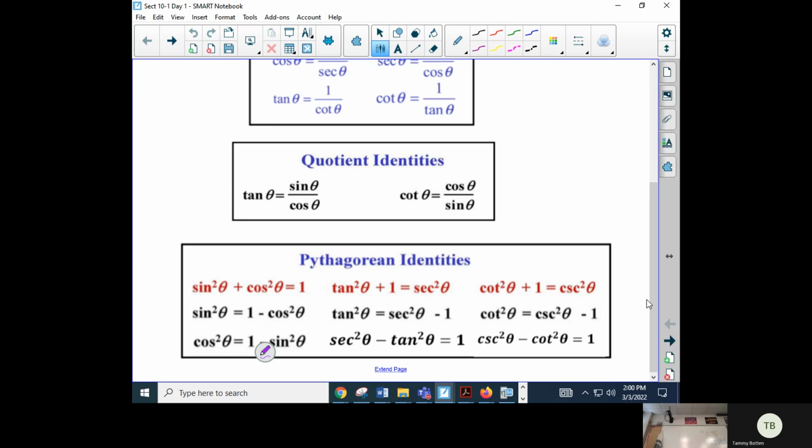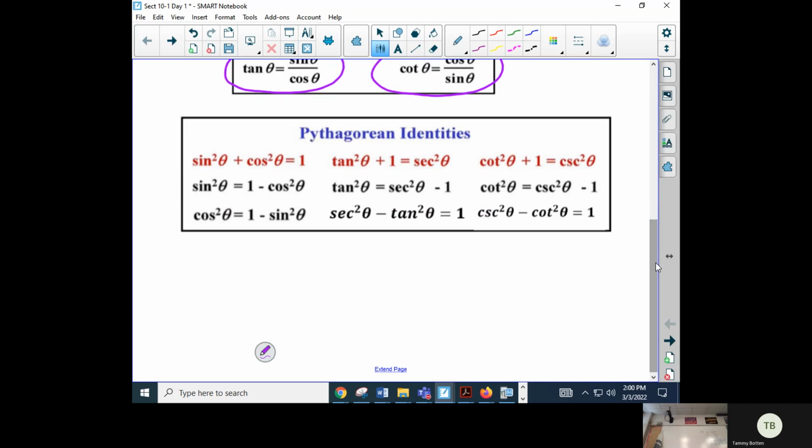So tangent is sine over cosine, cotangent is cosine over sine. By the test, you'll know this and this. Then down here, these are called Pythagorean identities. This is the actual identity: whenever you see in one of these problems sine squared plus cosine squared, it's 1.